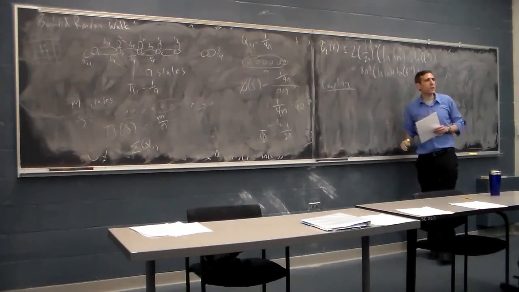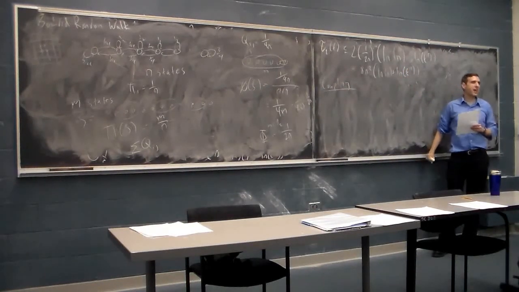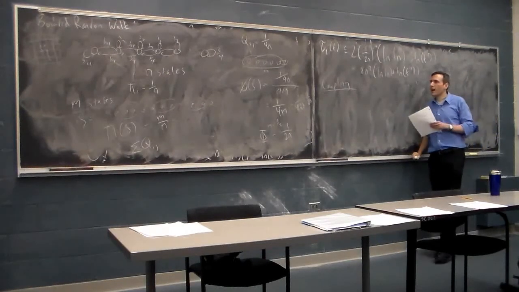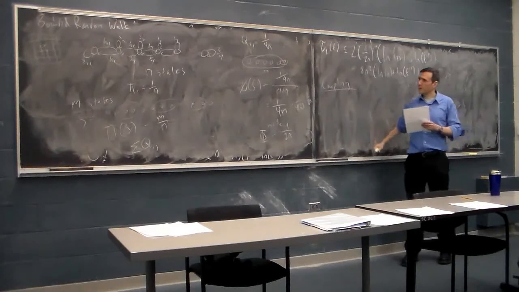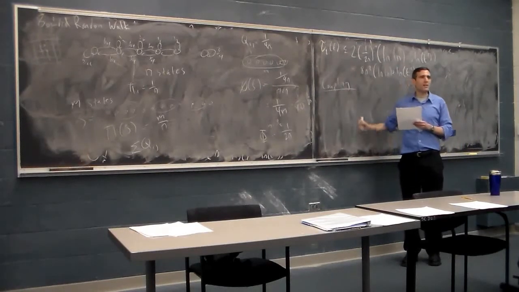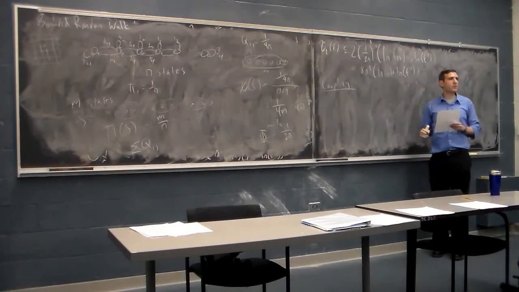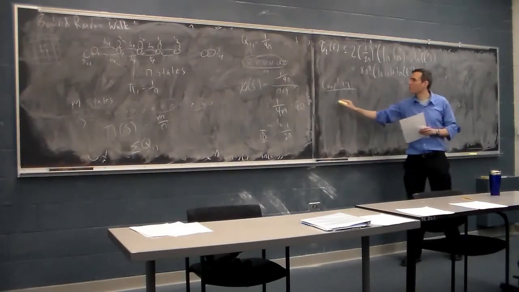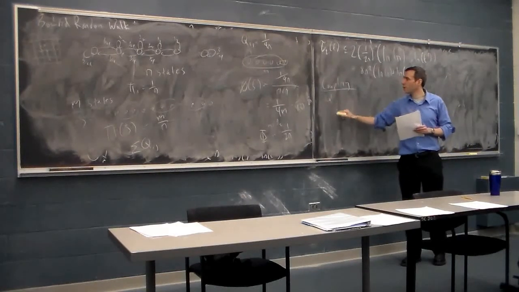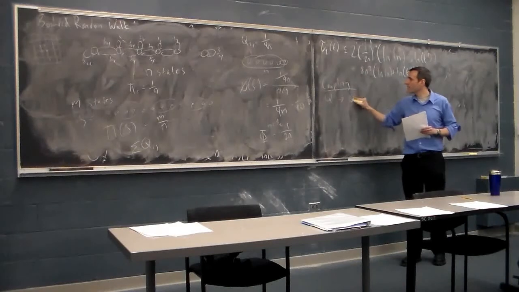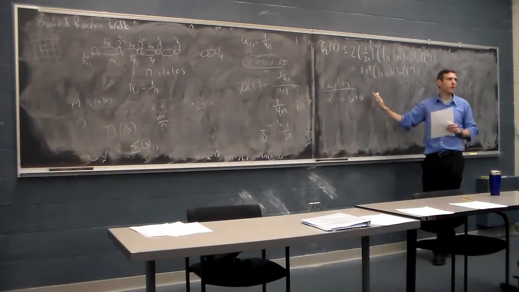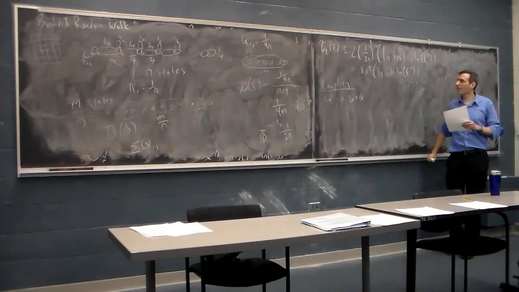Coupling is a little tricky to describe, but once you see an example, I think it's relatively easy to understand. A coupling is something we create from a Markov chain by taking two copies of the Markov chain. If we have a Markov chain with state set Q, then the coupling has a state set Q cross Q, so it has a pair of these Markov chains.